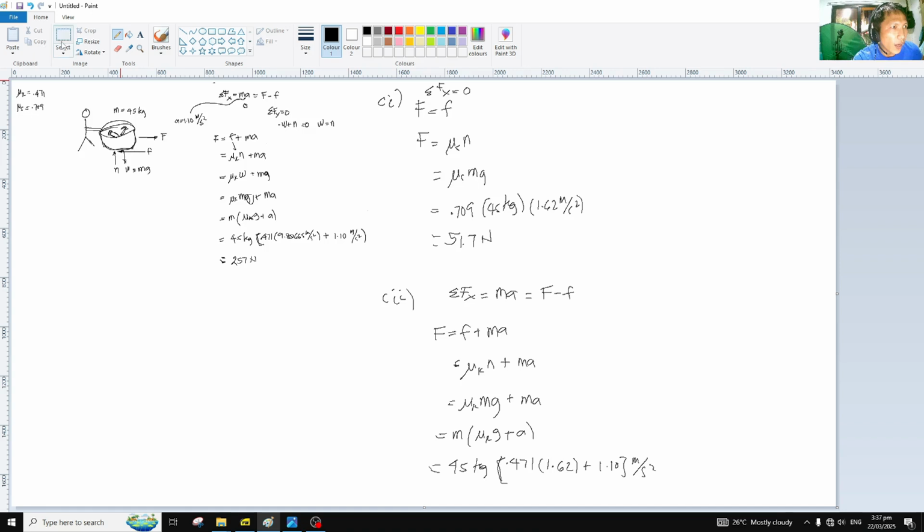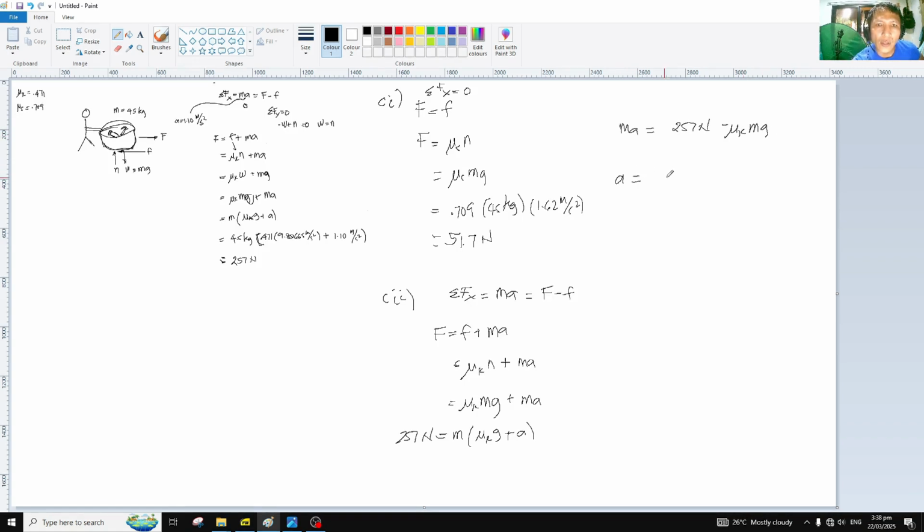So this is wrong actually. The same force you're going to apply, but you're going to find the acceleration. So we're going to use the F of 257 Newtons here, the same push, and then we can get the acceleration. We can have ma is equal to 257 Newtons minus mu k mg.